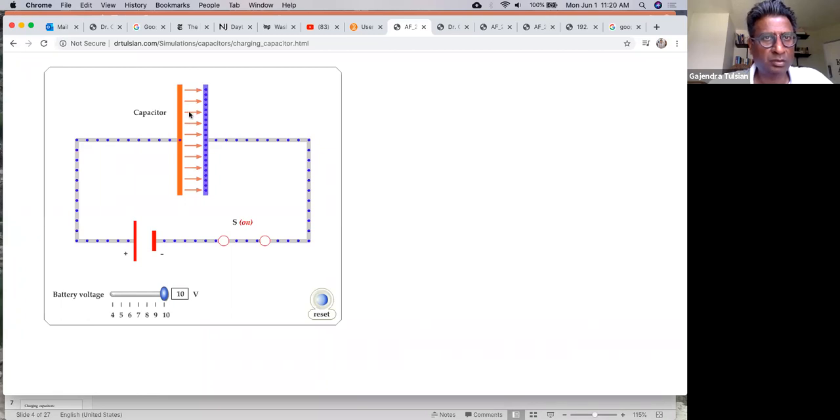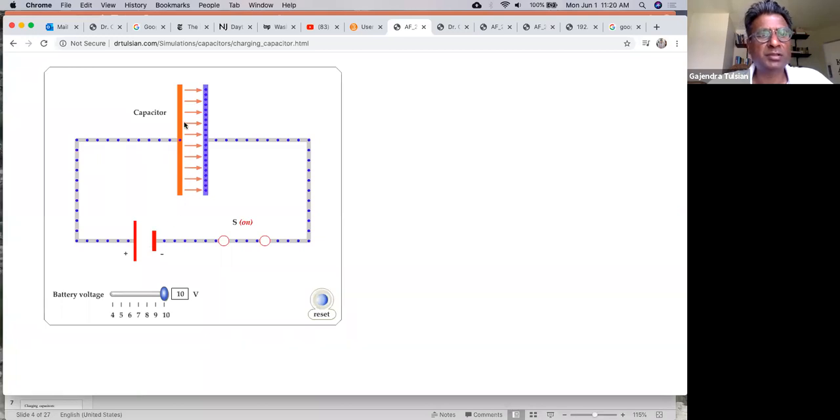We'll show you a couple of applications toward the end where energy is stored in capacitors, and then this energy is discharged and used to fire lasers used in fusion reactions. We'll look at that later. But anyway, that's what we've done.